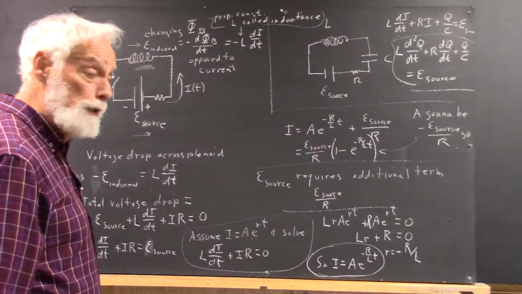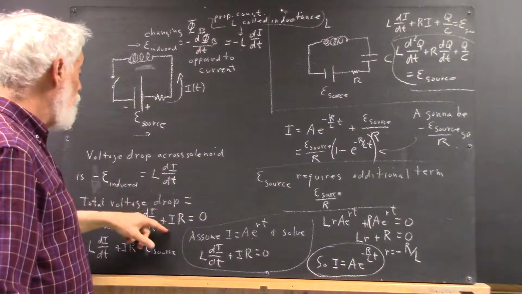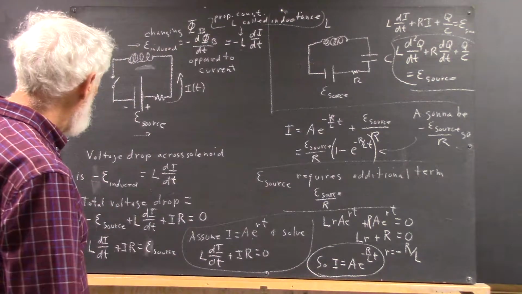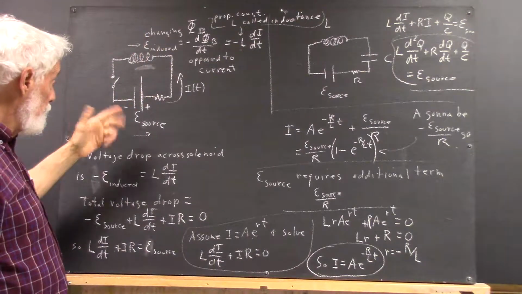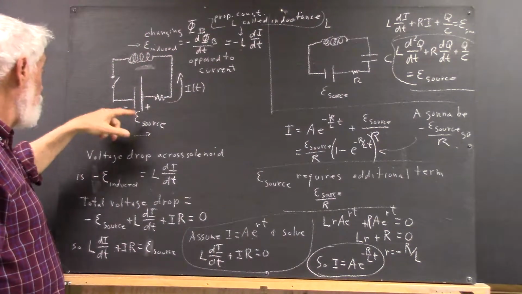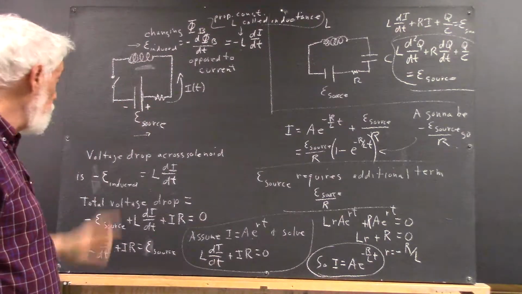It's just L di/dt. Then you have a voltage drop IR across the resistor, and we're all familiar with that, I hope. And across your source, the voltage rises as you go in this direction around the circuit, so you have a negative voltage drop.